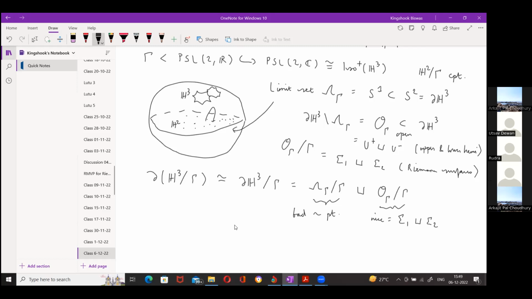But the point is, if you can solve the Dirichlet problem for the universal cover, then you can solve it for any quotient, right? Because you take a continuous function on the boundary of the quotient that you can lift to a gamma invariant continuous function on the boundary of the universal cover.